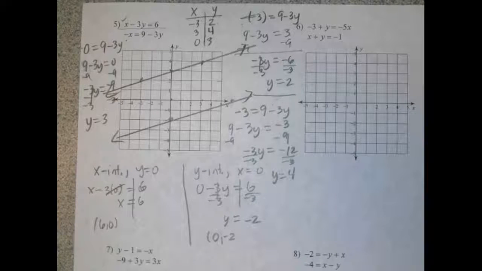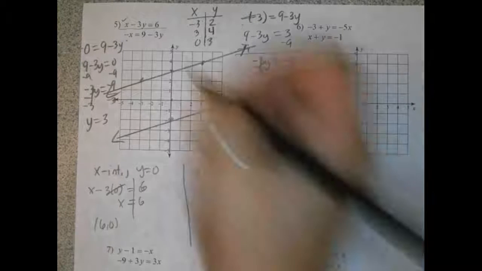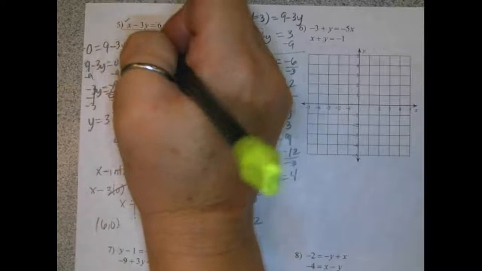So that is also a special problem or a special solution. What do you think the solution would be to this system of equations? Will they ever touch? So will there be an answer? No. So the answer will be no solution.